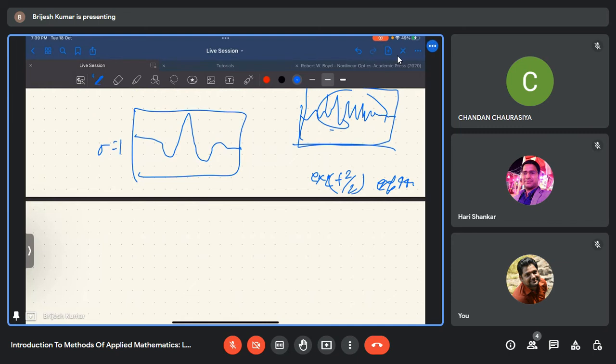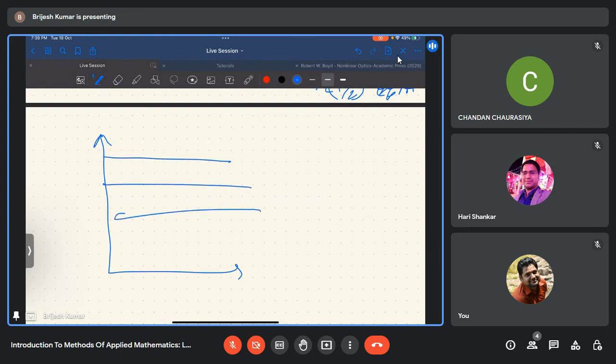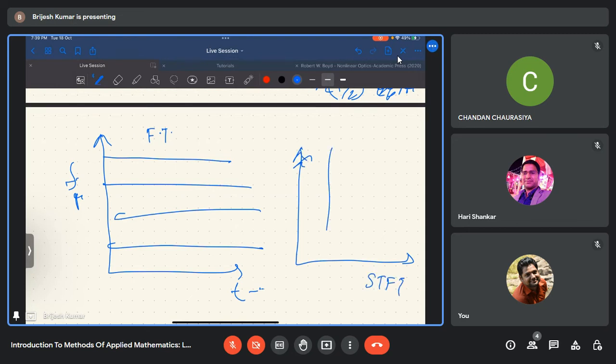Similarly, we can look at the frequency tile evolution for all three transforms. This is the time axis and this is the frequency axis. This is for the Fourier transform. For the STFT, equally spaced tiles appear in both frequency and time.